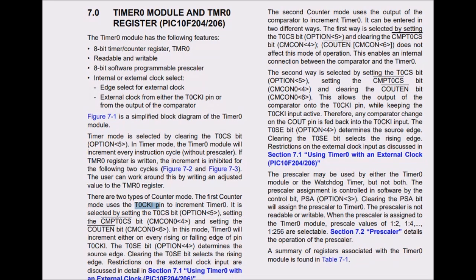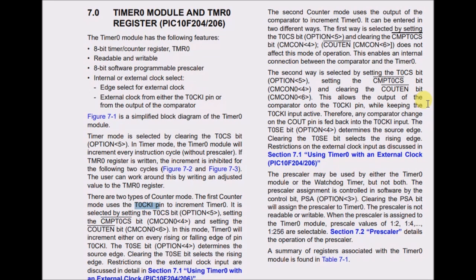The second way is selected by setting the TOCS bit, option 5, setting the CMPTOCS bit, the CMCON, and clearing the COUTEN bit, CMCON0. This allows the output of the comparator onto the TOCKI pin while keeping the TOCKI input active.